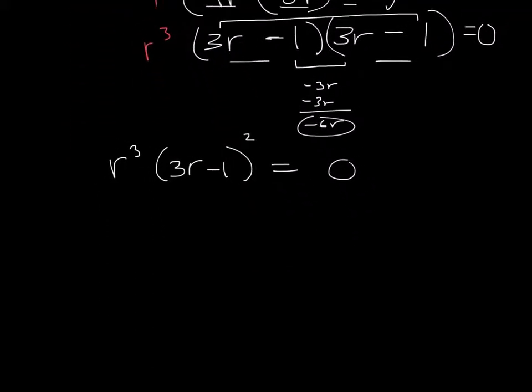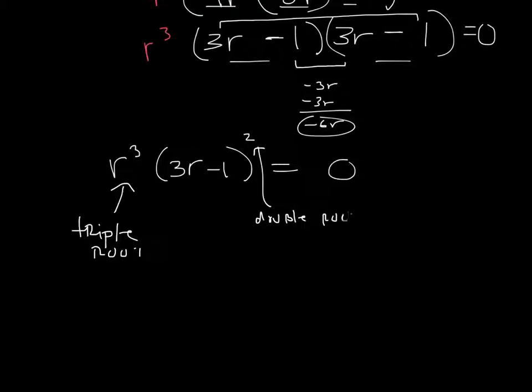And again, they can be distinct, but don't necessarily have to be. Okay, so again, we know we're going to have some double and triple roots. So maybe let's write that down. Triple root, right? And we know we're going to have a double root, or repeated roots.